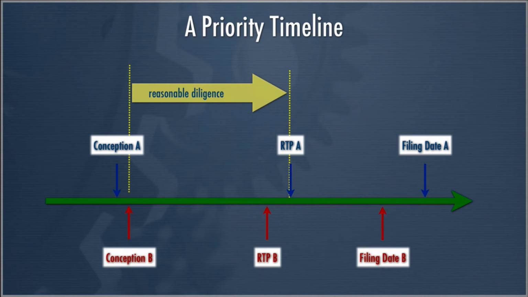And here's the way that this works, right? So A is required, in order to win this priority contest, to show that A was reasonably diligent from a time just prior to B's conception until A reduces to practice.